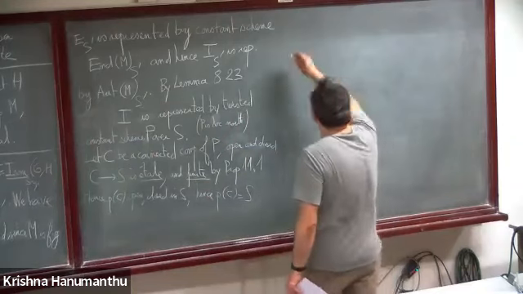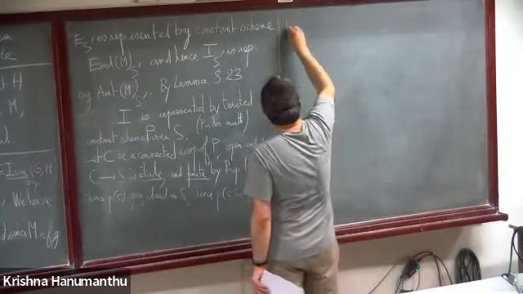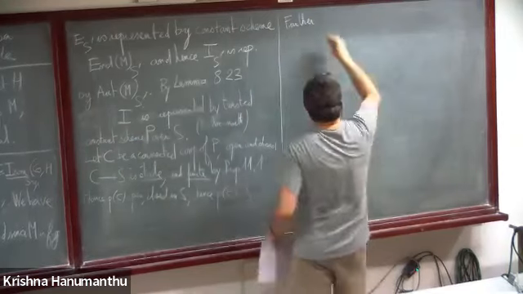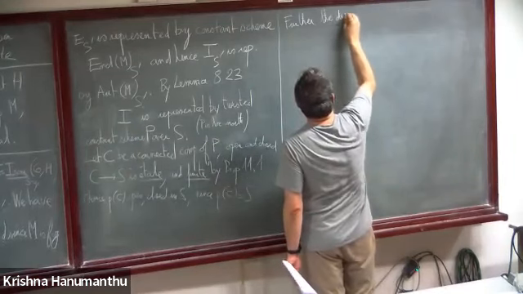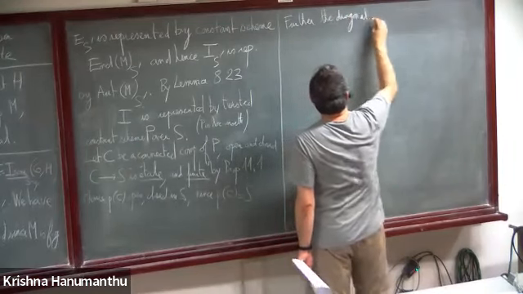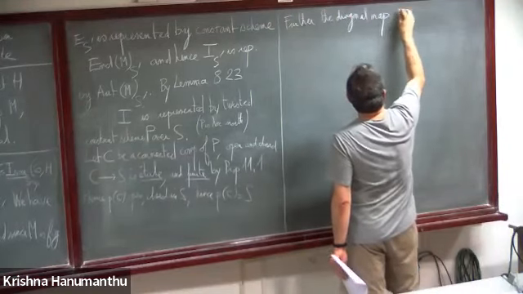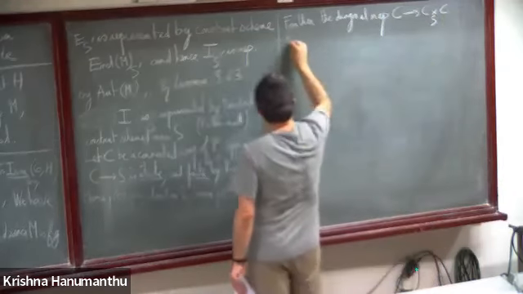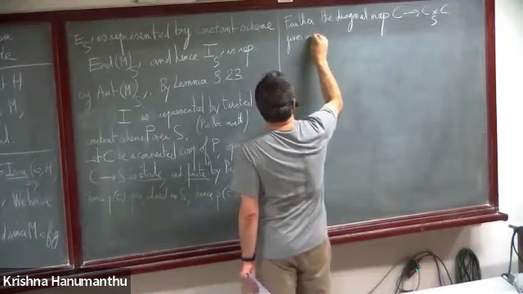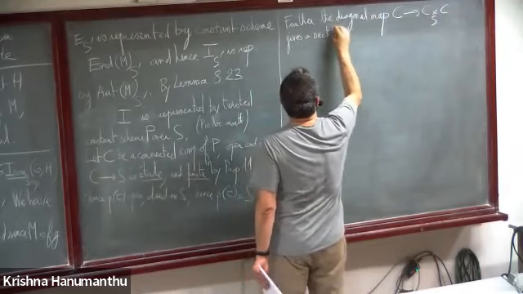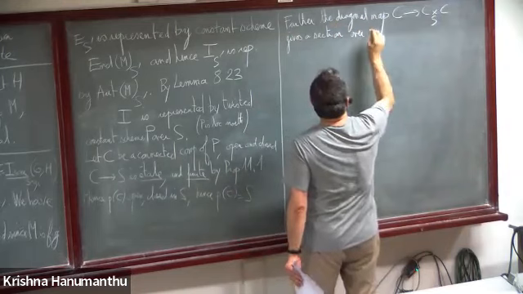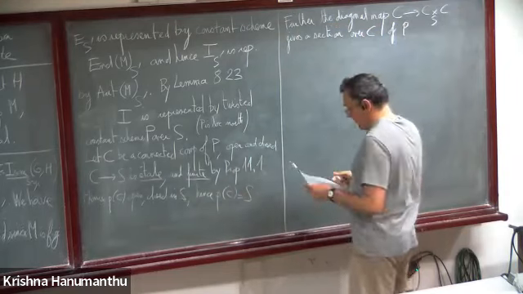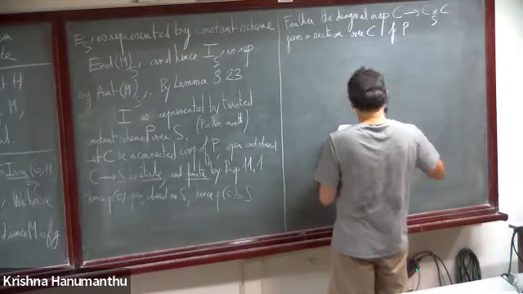Okay, and now we are done, because further, the diagonal map E goes to C times C. So this gives a section over C of P_C.